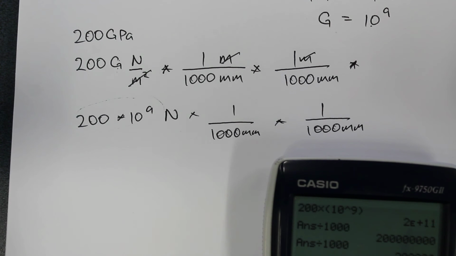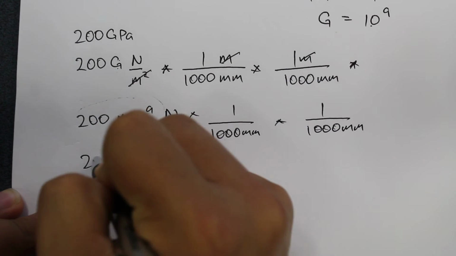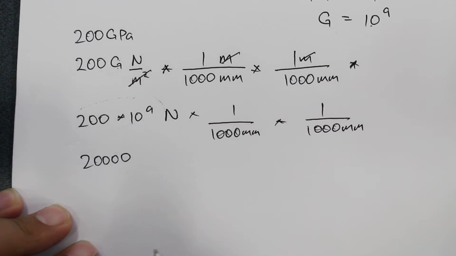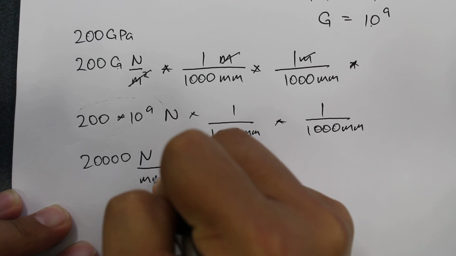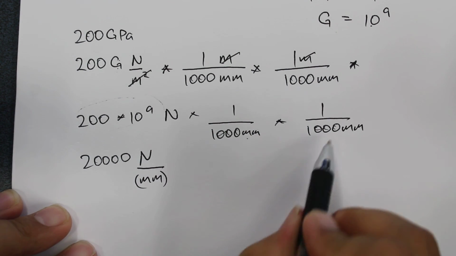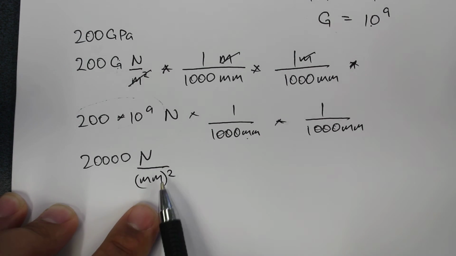Alright, so we get left with 2,000,000 newtons per millimeter squared. So the units are newtons per millimeter, and then that unit, there's 2 of them, so millimeters times millimeters, we get millimeter squared.